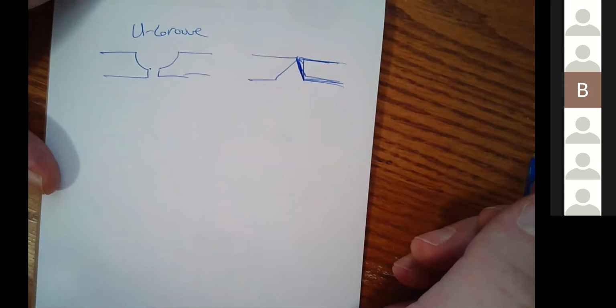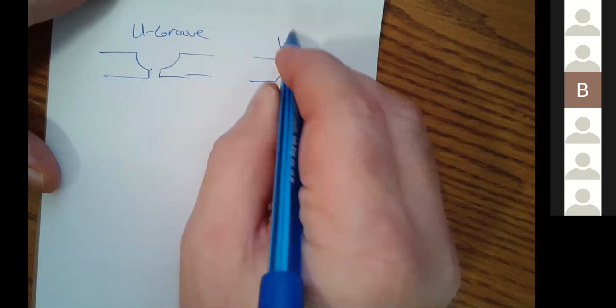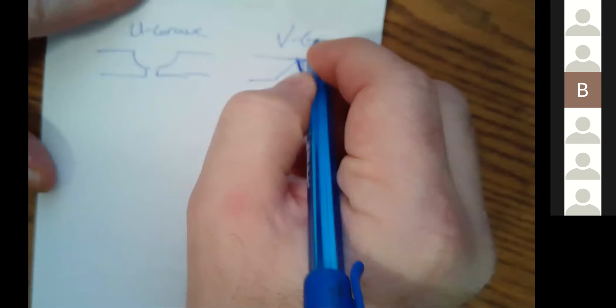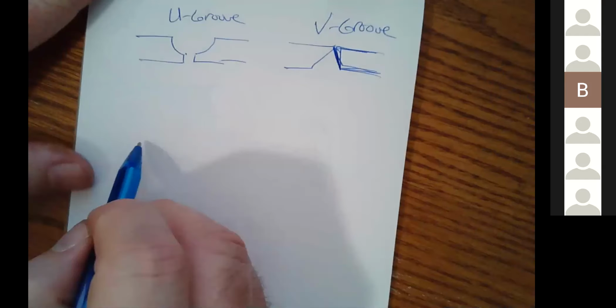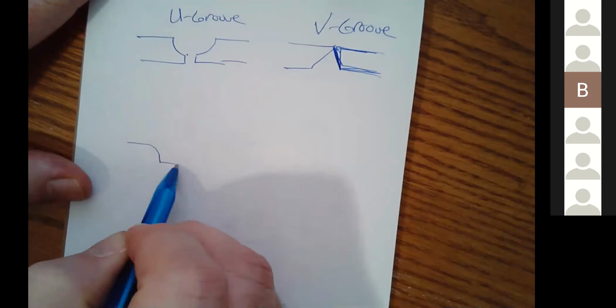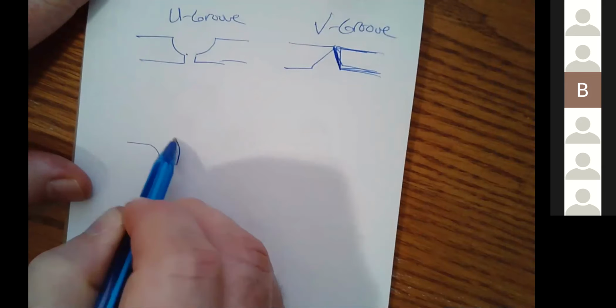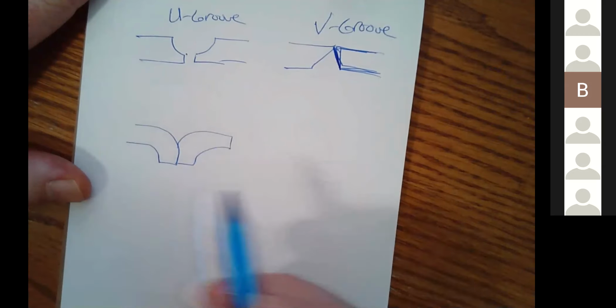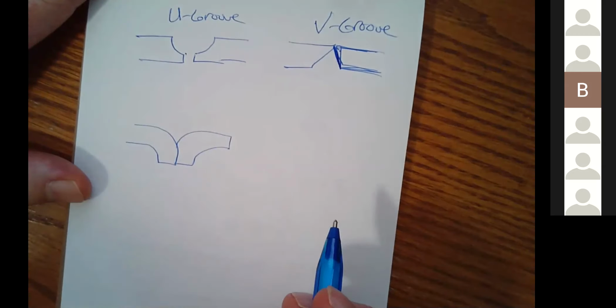A V groove. Yep. I'm making it tricky. I'm drawing them upside down. How about this one? Is that a flare, I think?